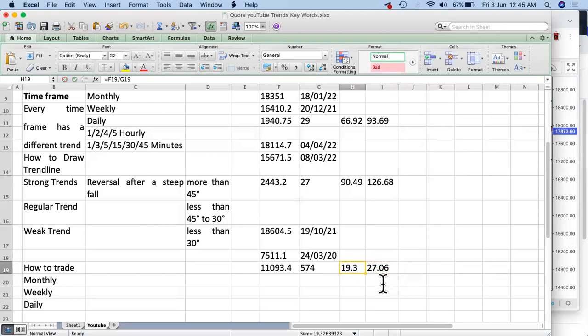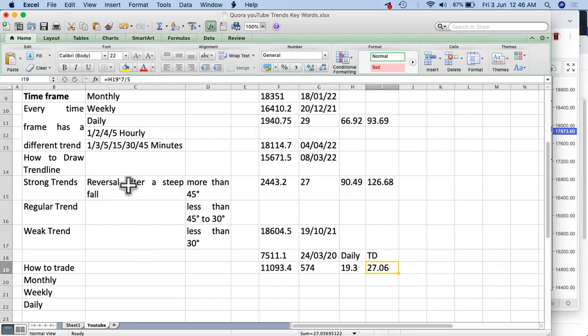So on an average, on a daily basis we get 19 points, and on trading days we get somewhere around 27 points per day. So this is a unit that we can consider, that on an average we are getting somewhere around 27 points per day, right?